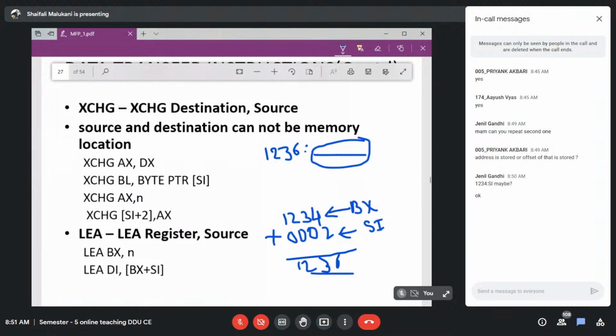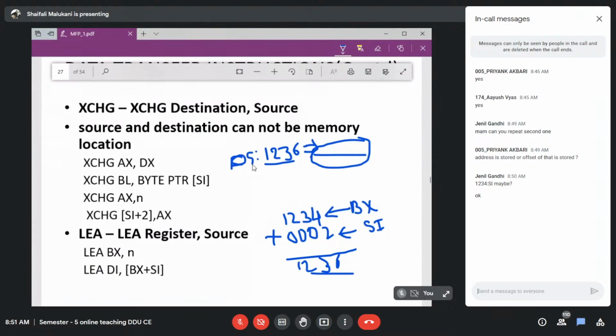Do not hesitate. You know the answer, but you see why we are doing so. Do not get confused with the points. What is the offset of this memory location? 1236 is taken as the offset of a certain location. The segment address is CS or DS, right?